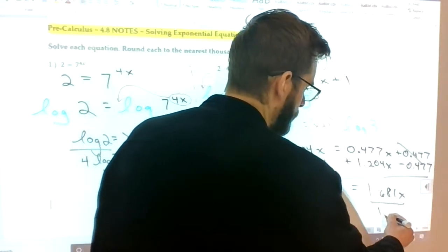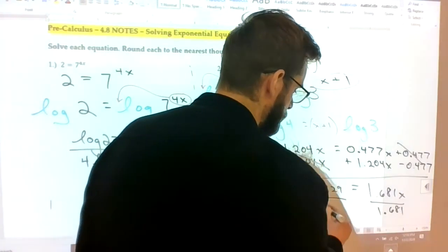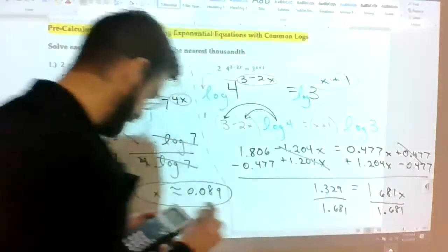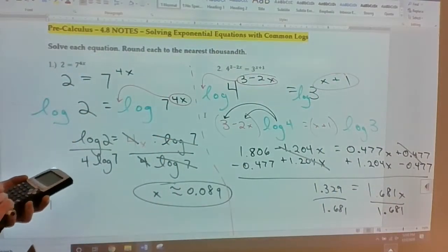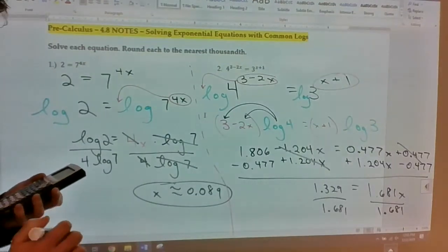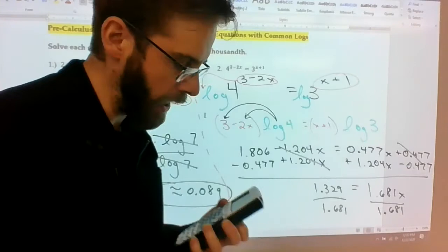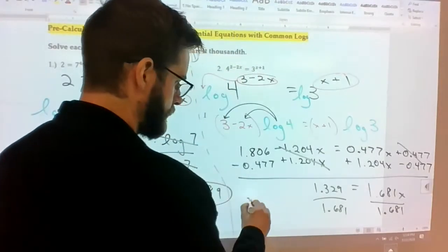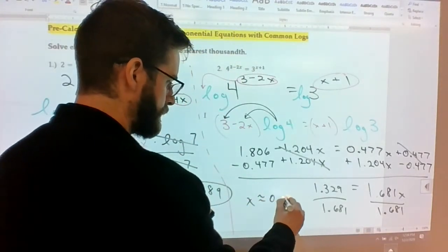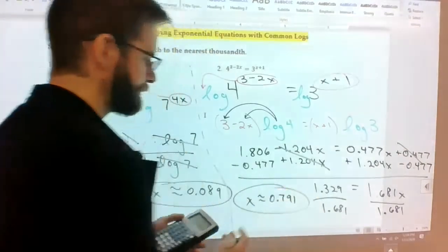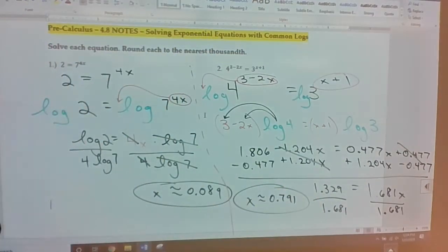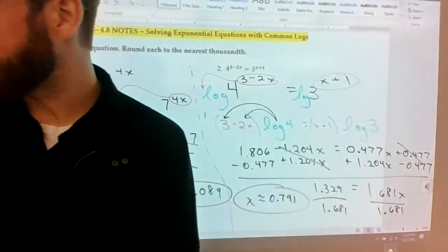Divide both sides by 1.681, and you should get approximately 0.791. So this is the basics of what's happening.